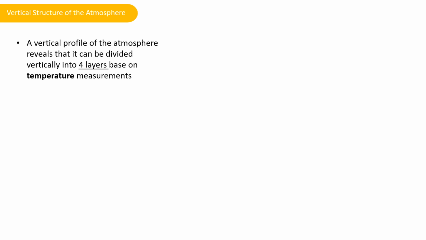So moving on to the different layers of the vertical profile of the atmosphere, these layers could be divided based on the temperature measurements. The instrument to measure the temperature in the vertical profile of the atmosphere is called a radiosonde.